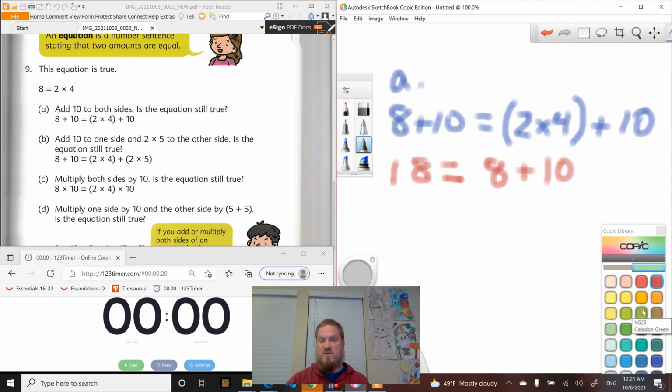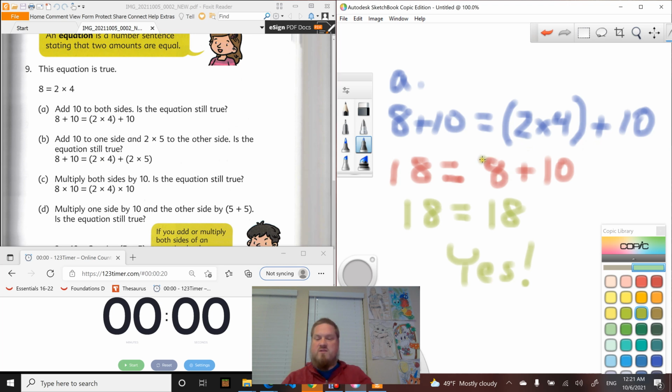And then we're going to rewrite the equation again. 18 is equal to, what's 8 plus 10? 18. So, is the equation still true? The answer is yes. If you add the same thing to both sides of an equation, it still remains equal.